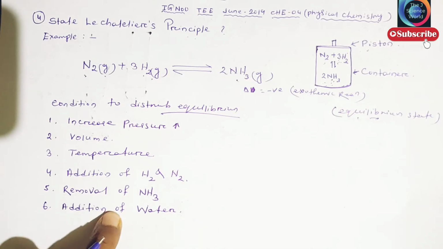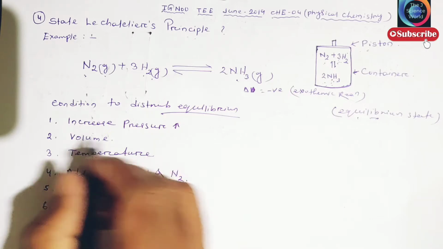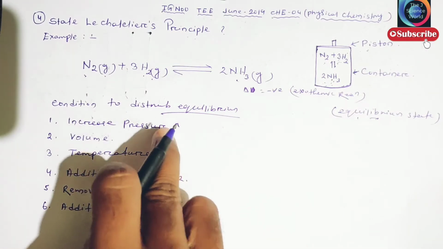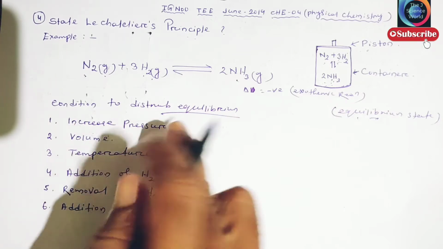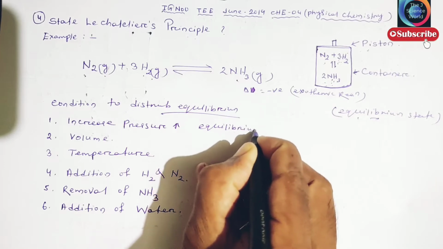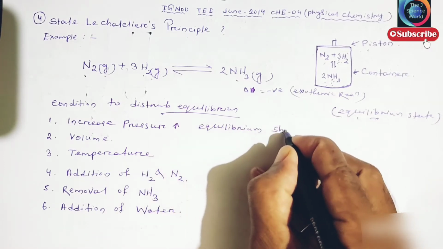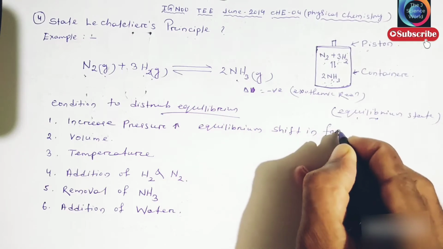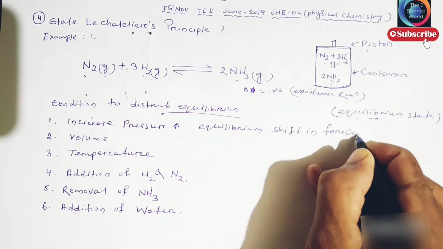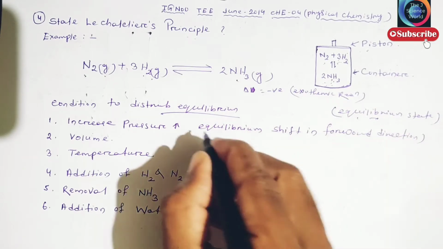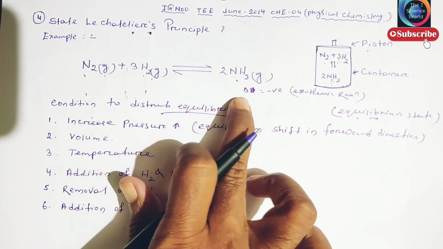If you carefully observe what will happen in these cases, let's discuss. If we increase the pressure, the equilibrium shifts in the forward direction, meaning more ammonia is formed.